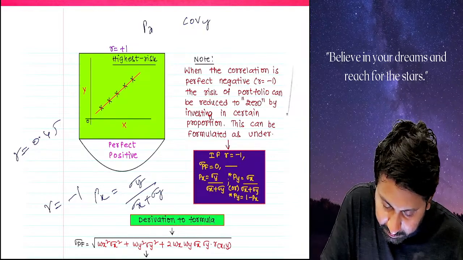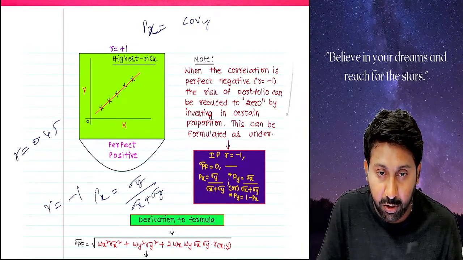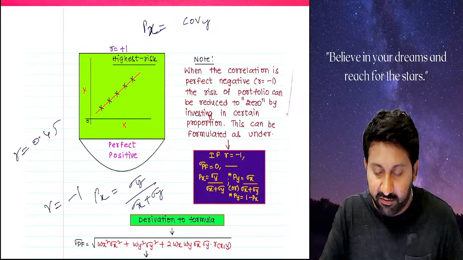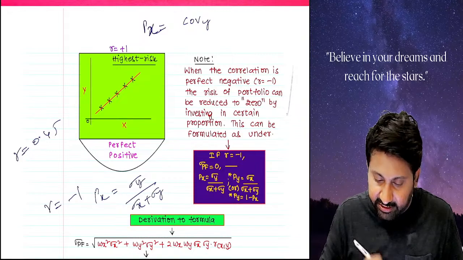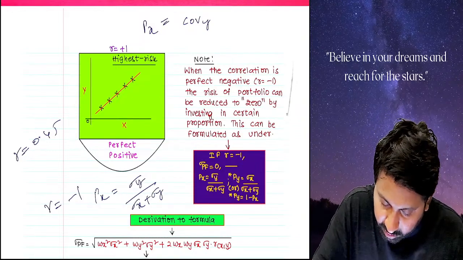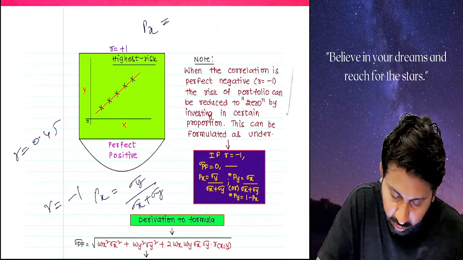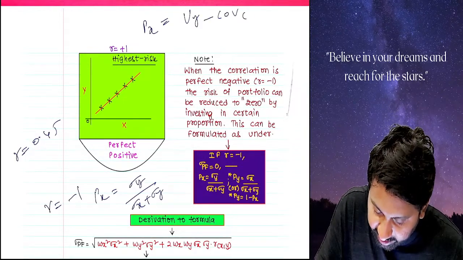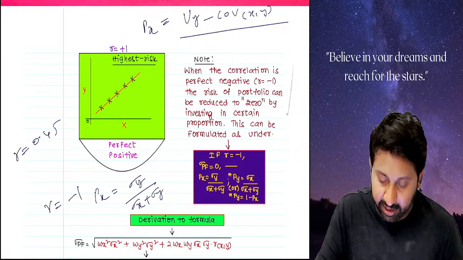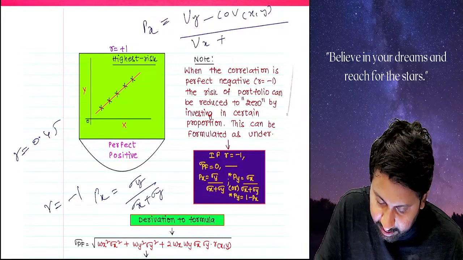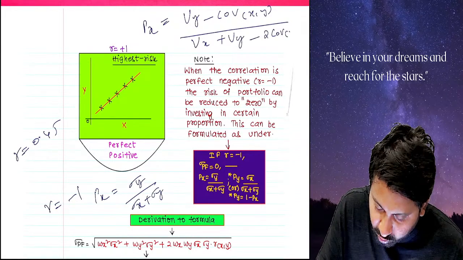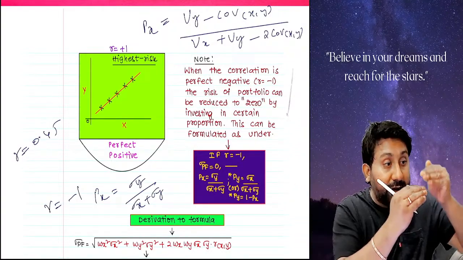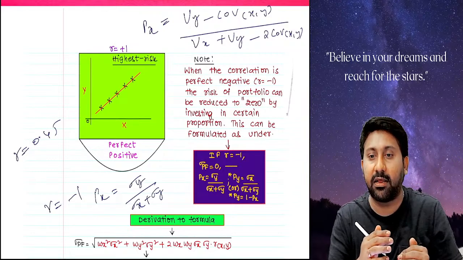The proportion of x should be covariance of y... so instead of taking this, I will write it this way so you can understand: variance of y minus covariance of xy, the whole divided by variance of x plus variance of y minus 2 covariance xy. What is this formula? This formula will be used to reduce the risk to the maximum extent.